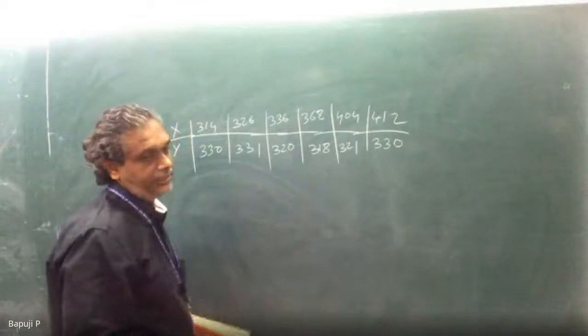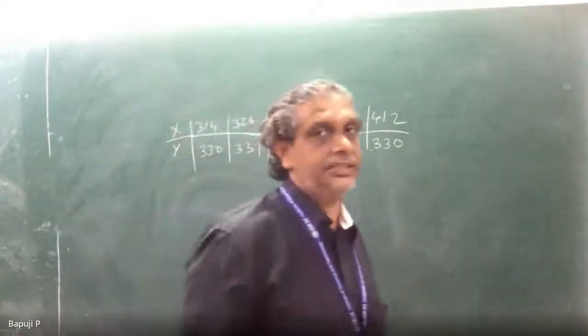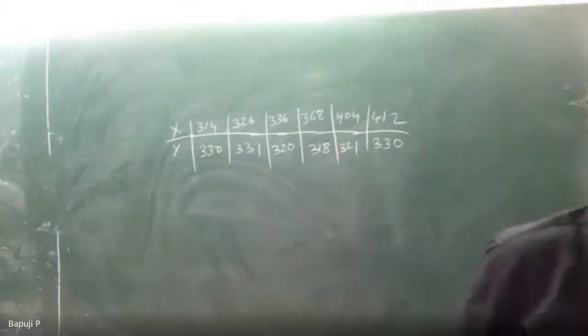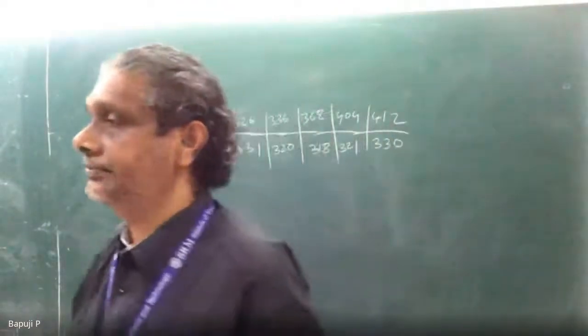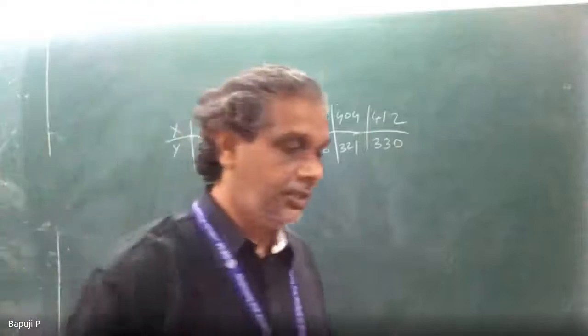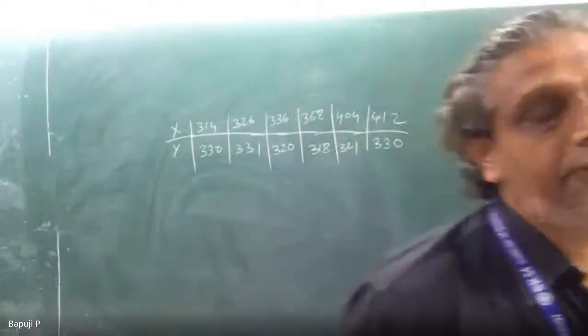So two different article prices are given, 6 fixed prices are given, and which has more variability? Suppose for gold and silver over 6 weeks, which varies highly and which varies less, you can find out.